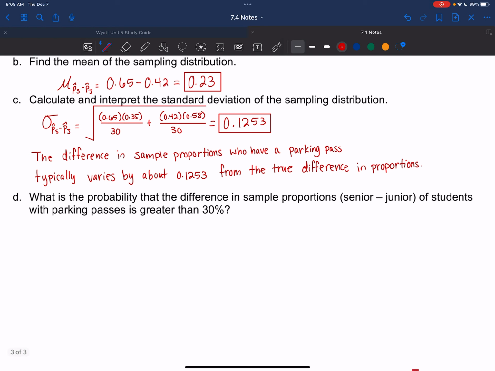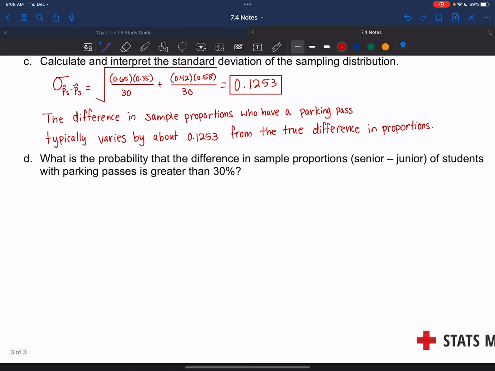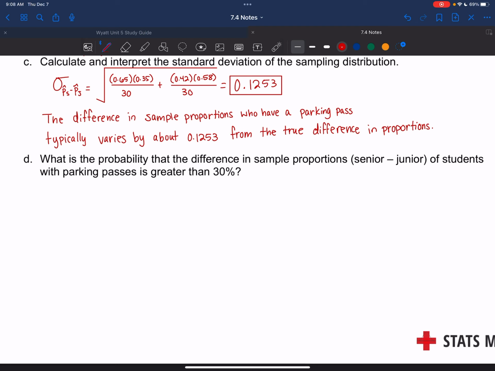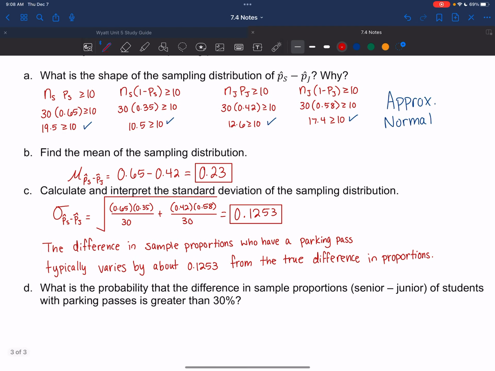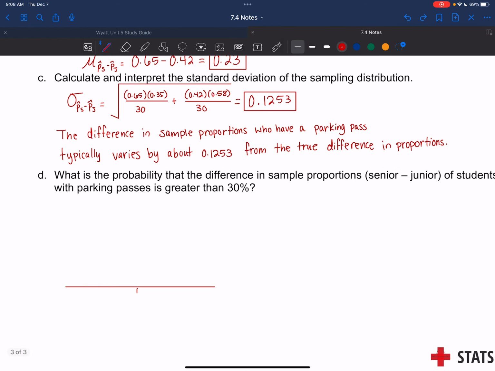All right, and part D says, what is the probability that the difference in sample proportions, seniors minus juniors, of students with parking passes is greater than 30%? So we're trying to find what are the odds of having a difference of 30% or more? So remember we saw that 0.23 was our mean difference in proportions, right?